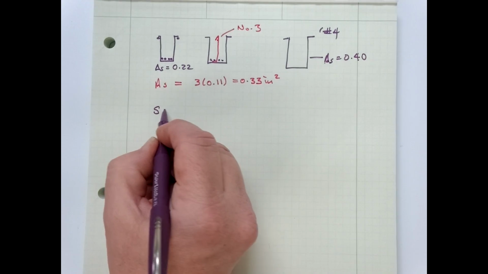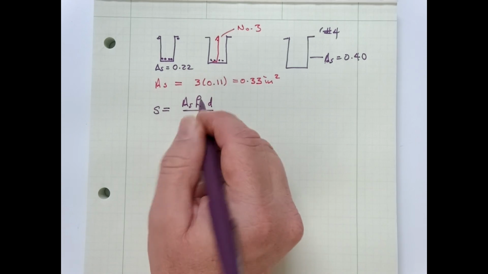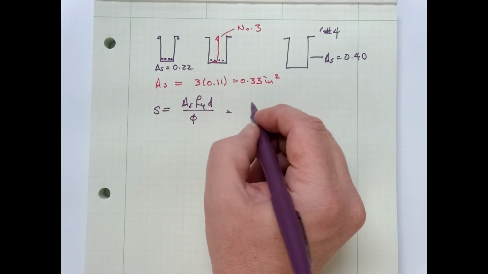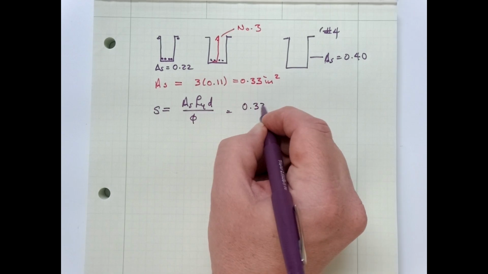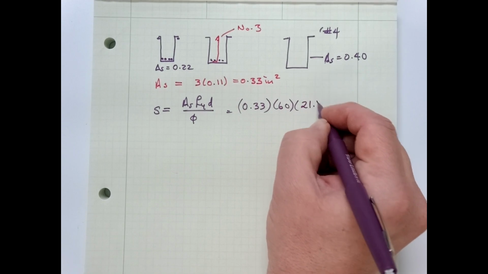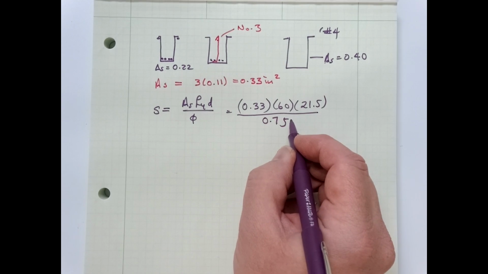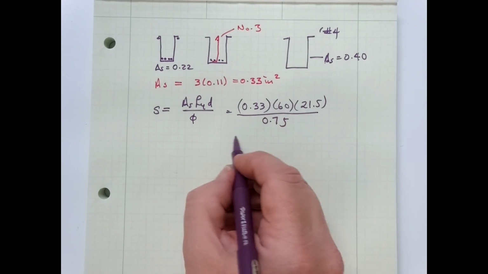So if we do this now, the spacing is equal to A_s f_yd divided by phi, which is 0.33 multiplied by 60 multiplied by 21.5, all divided by 0.75. And where does that take me?